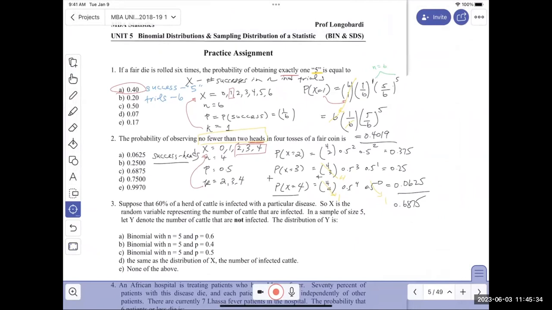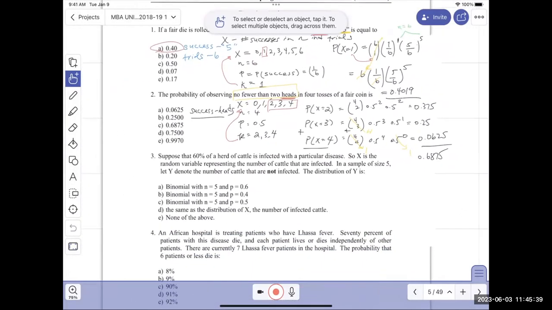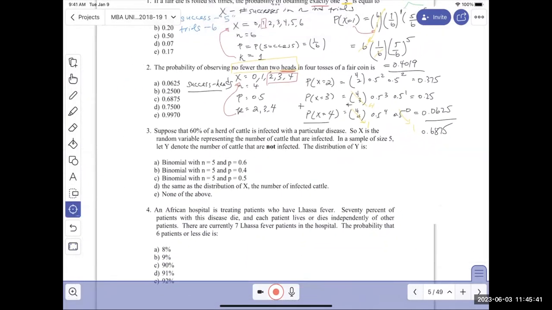All right, so let's look at, what did I say? Questions 3 and 4. 3 is quick. Suppose that 60% of a herd of cattle is infected with a particular disease. So X is the random variable representing the number of cattle that are infected. In a sample of size 5, let Y denote the number of cattle that are not infected.